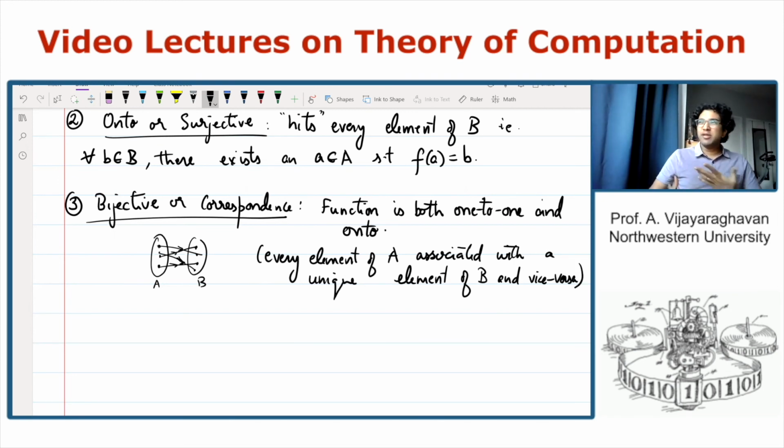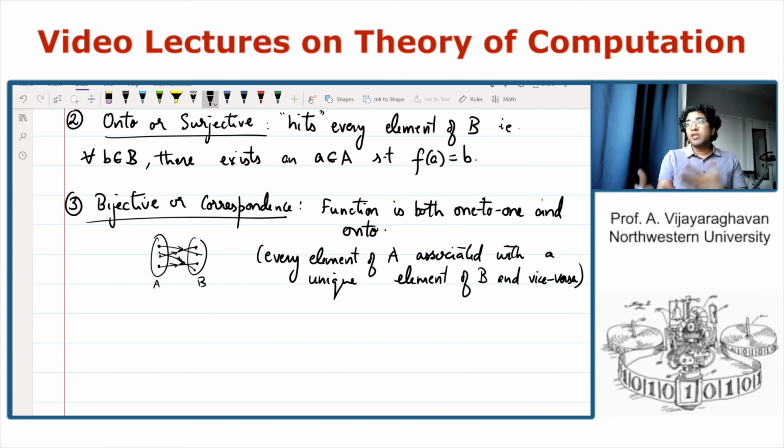This gives you a flavor of why this notion of maps can be used for comparing sets, because if you can establish a bijective map between two sets, then they have the same cardinality. For finite sets, it's easy to see: if you do have a bijective map, then the two sets should have exactly the same size.